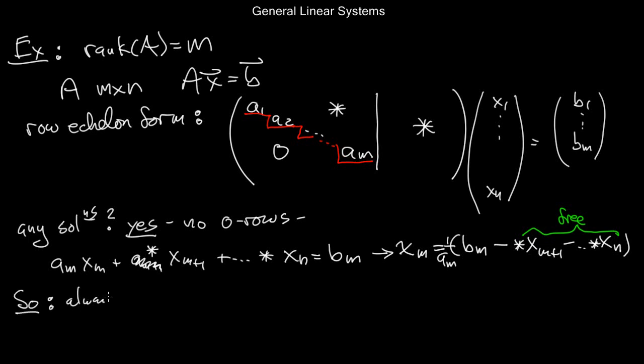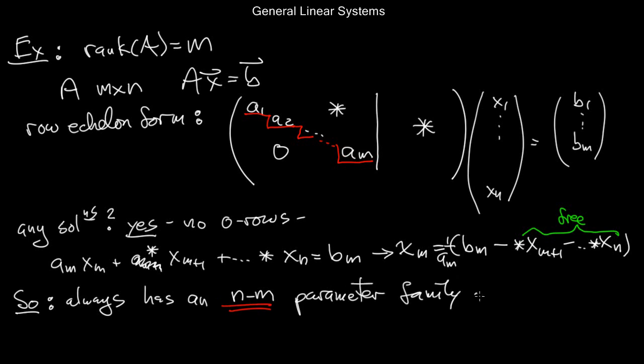And how many solutions does it have? Well, how many free variables does it have? That's this number n minus m, because n is the number of variables, and m is the number of rows. Well, the point here is that the rank is m.